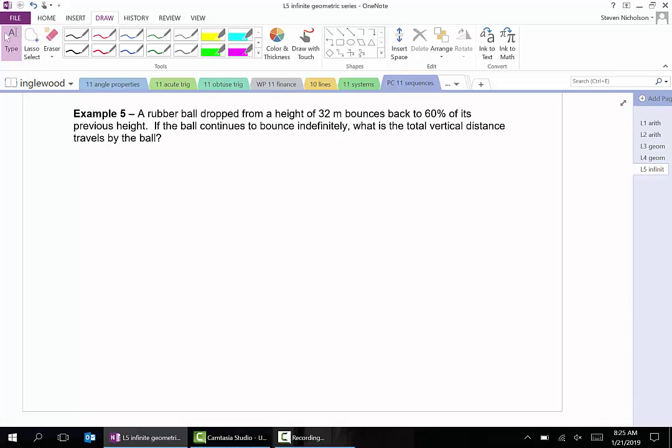So here's one last question. A rubber ball dropping from a height. If you think about what's going to happen with this ball, it's going to bounce, and it's not going to bounce back as high, and then it's going to go to the ground, bounce again, and not come back as high, until finally it's going to stop bouncing altogether. So I'm just going to draw that picture over here, because a picture is really important in understanding what's happening.